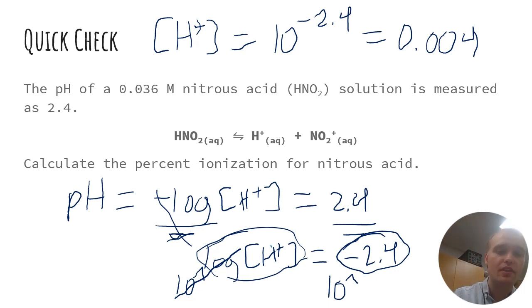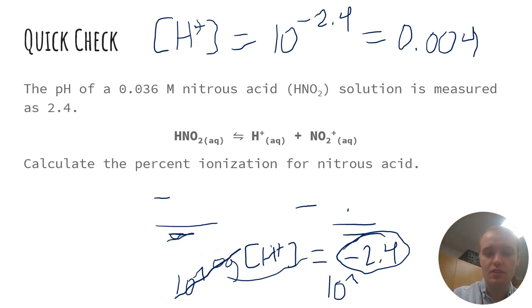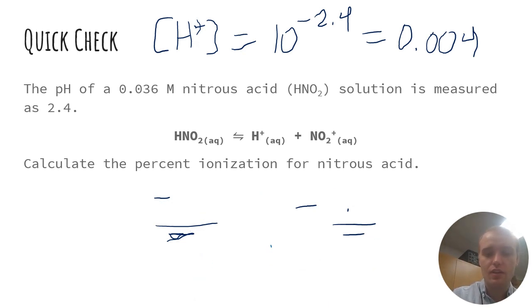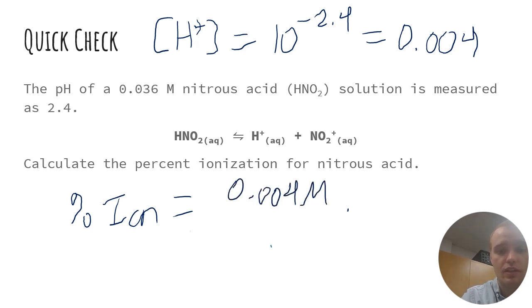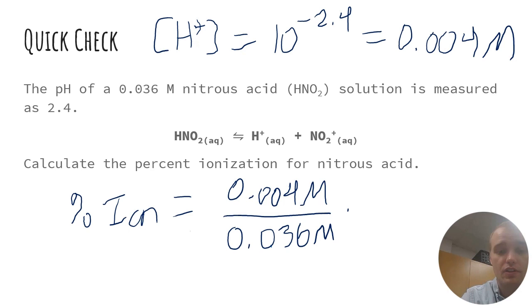Close enough, all right? So now to calculate percent ionization, we're just going to use the same formula that we had a second ago. And so we're going to take our percent ionization formula, and we're going to say, well, the percent ionization is going to be equal to the concentration of H+ at equilibrium, which in this case is 0.004 molar, divided by the initial concentration, which is 0.036 molar, and then we're just going to multiply it by 100%.